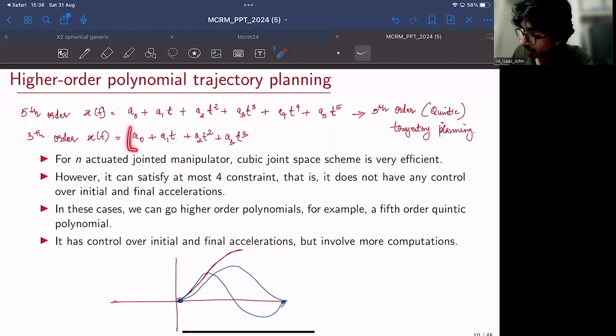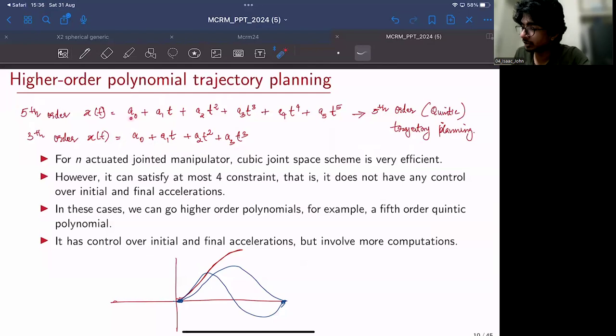Whereas in the case of a third order, we cannot have any control over accelerations, right? We can only have 2 boundary conditions at the start and 2 at the end: position and velocity at the start, position and velocity at the end. So 4 equations, and we don't have any control over accelerations.